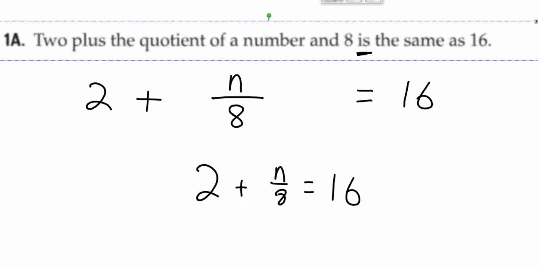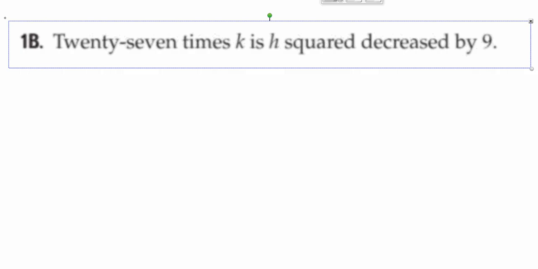For 1b, let's take a look at 1b. 27 times k is h squared decreased by 9. So there's your equal sign, so I'm going to go ahead and put the equal sign there. 27 times k. Well, here's 27, here's my dot symbol for multiplication, and k is my variable.